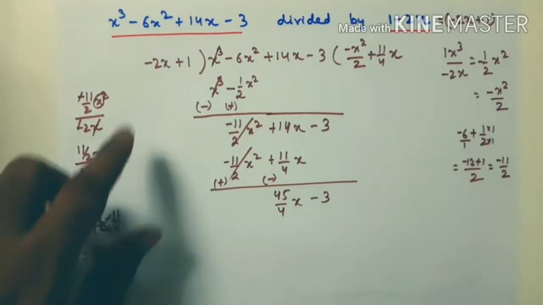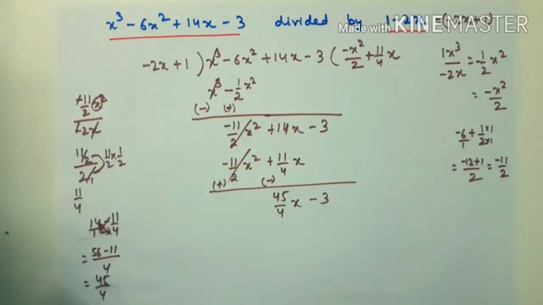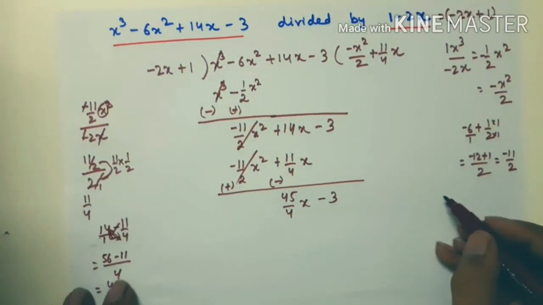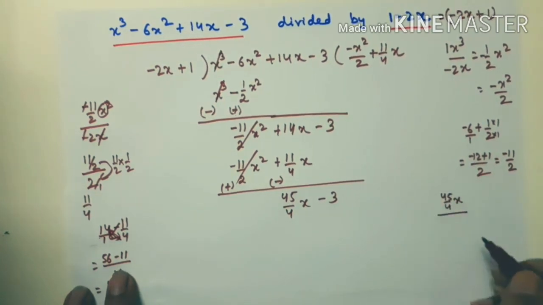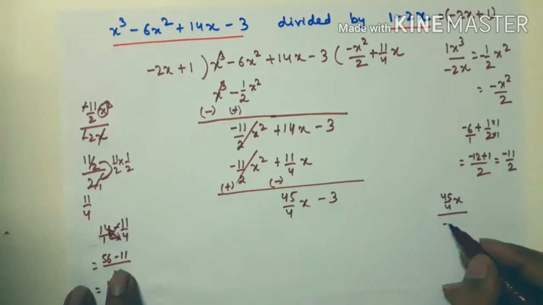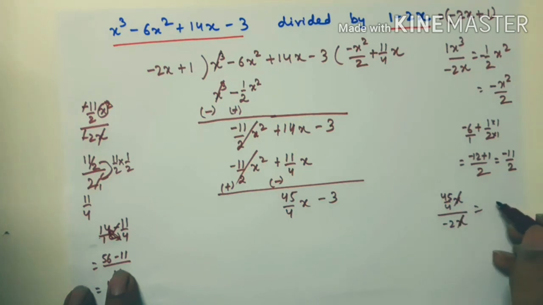Now the next step: here we have minus 2, here we have 45 by 4x. How to get it? Again the same thing, we will divide. So we will divide 45 by 4x by this minus 2x. So x and x get cancelled. Same thing, 45 by 4 by 2. So 45 by 4, the 2 comes down, that becomes 8.